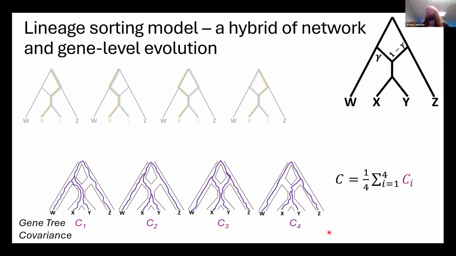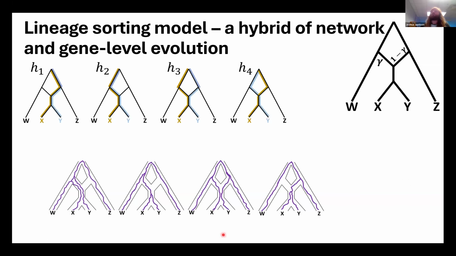The way they compute their covariances, if the purple are gene tree histories, is they're essentially computing an average across all of the various gene tree histories. And so our approach here is going to consider both of these things at various stages.